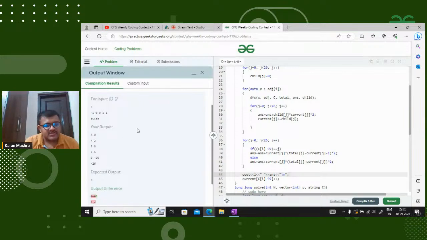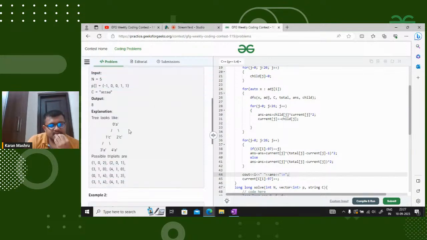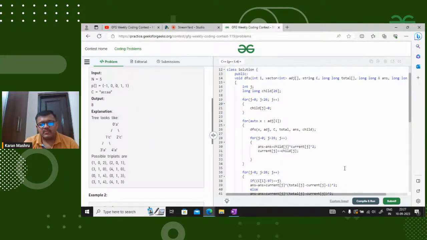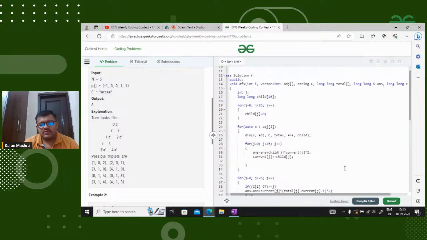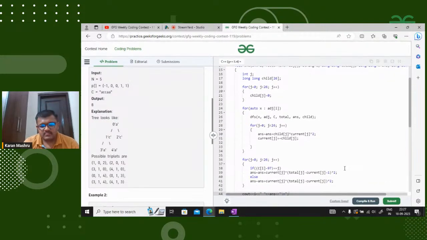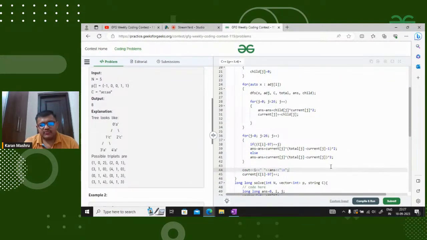If we consider 4 as the center index, the answer would be 2, which is not possible, because 4 cannot work as a center index, right? So for 4, current of j would be 0.